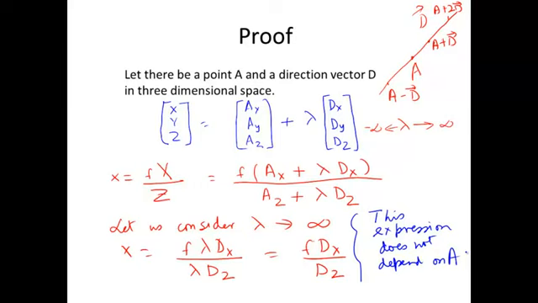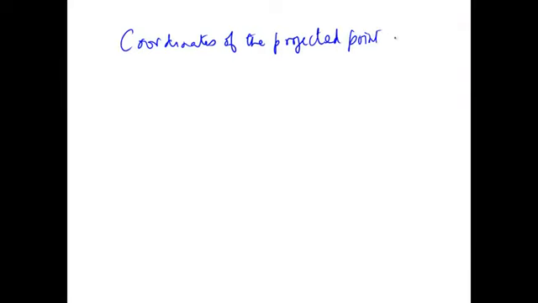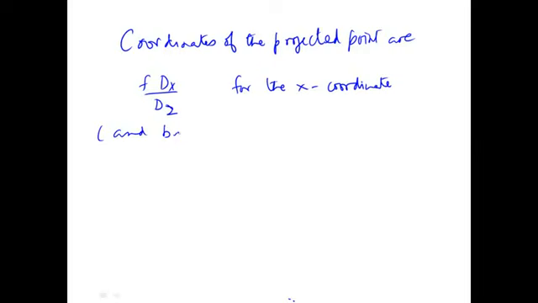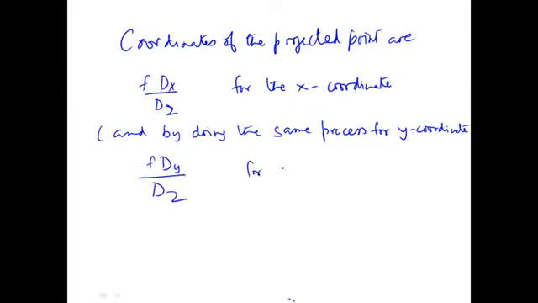So in general, what we have shown is that the coordinates of the projection are f d sub x upon d sub z for the x coordinate, and by analogy, by doing the same process for the y coordinate, we get f d sub y upon d sub z.